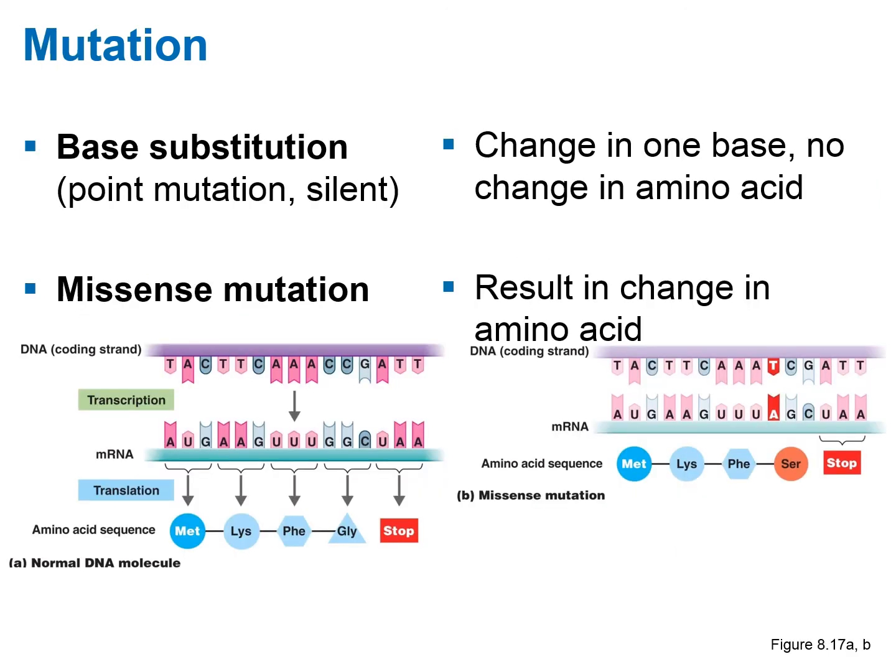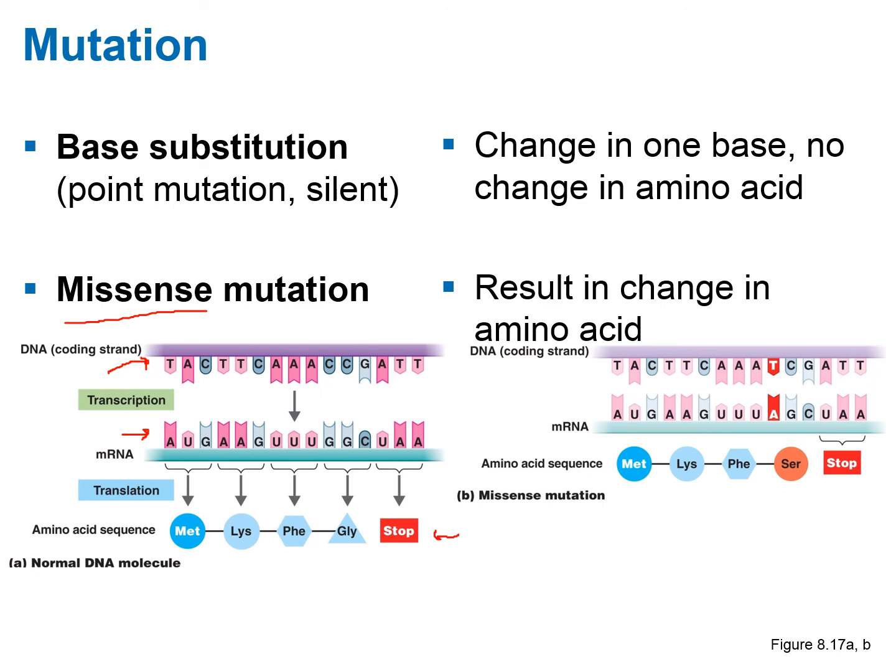In a missense mutation, we're going to have a one nucleotide change, but the amino acid changes. Okay, the amino acid changes. So here's an example. Here's a DNA in purple, and this is the normal sequence. It's been transcribed here and then translated down here.